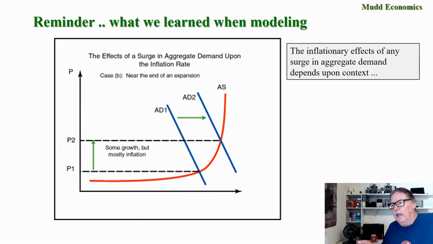If, on the other hand, it is back further, where it says there's some growth but mostly inflation, if AD1 were back going through that language right there, of course, a stimulus moving out is not going to have inflationary repercussions because you're beginning at too low of a point on the aggregate supply curve. This is typically the case when you are coming out of a recession, where such metrics as the capacity utilization rate have fallen back to, say, 65% or so, as it did in 2009.